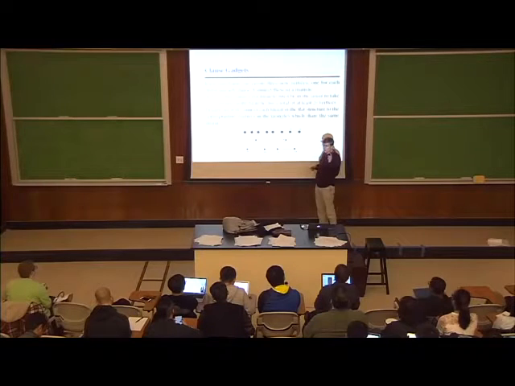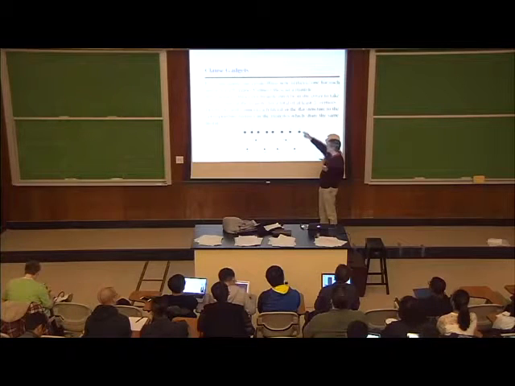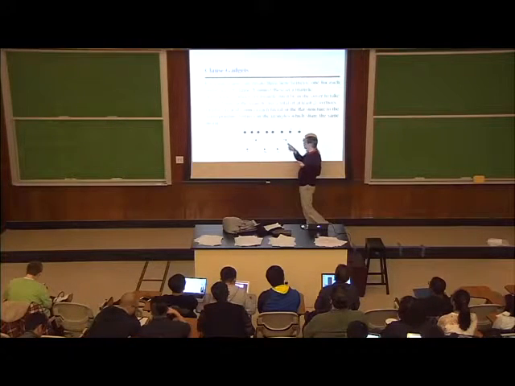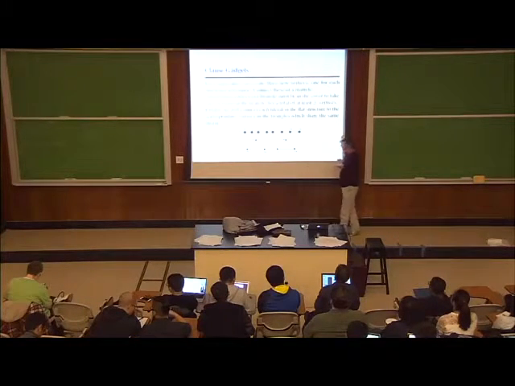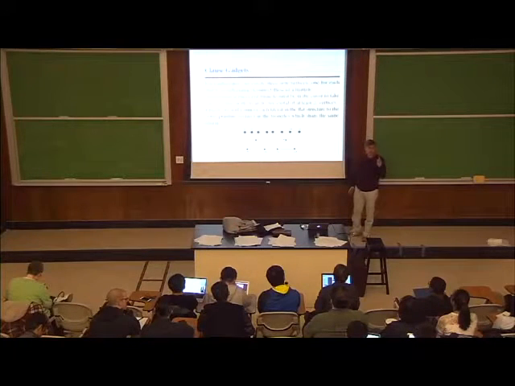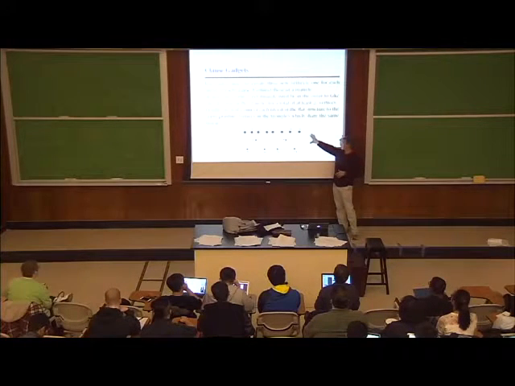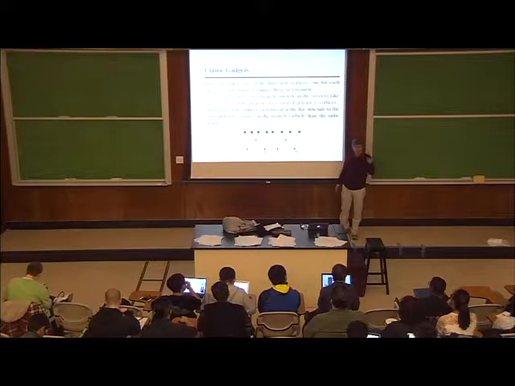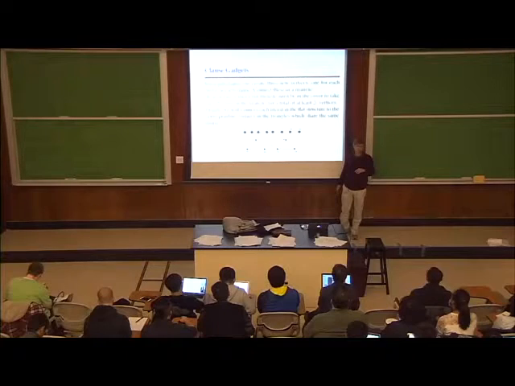What I argued was that there was a cover of size n plus 2 times the number of clauses if and only if the original thing was satisfiable. That way, asking whether this graph has a cover of size n plus 2c is the exact same question as asking whether the original formula is satisfiable.